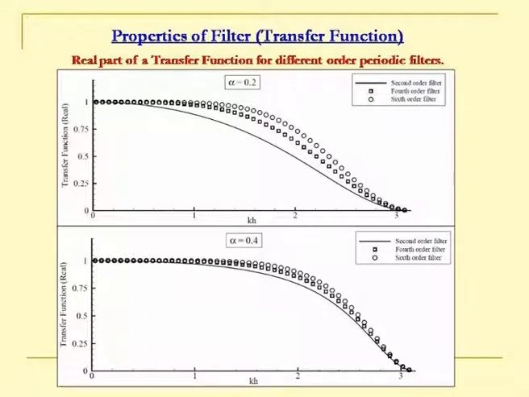What you notice is that for smaller values of alpha, the transfer function starts deviating from 1 earlier. And what did I say, that when you approach alpha equal to 0.5, what did you get? You will get this solid line to go straight up to 1, and at the Nyquist limit it will just fall off to 0. That is your box filter.